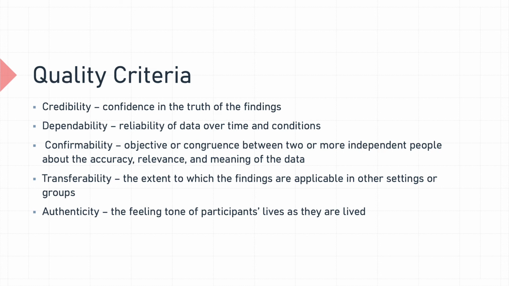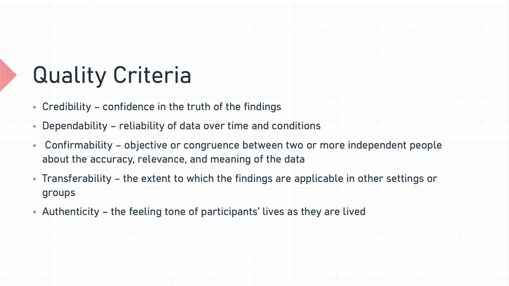Confirmability, we're looking for objectivity and congruence between two or more independent people about the accuracy, relevance, and meaning of the data. Remember earlier when I said it's rarely the case that only one person looks at the data? If you want confirmability, you need more than one person to agree on what your data is telling you.